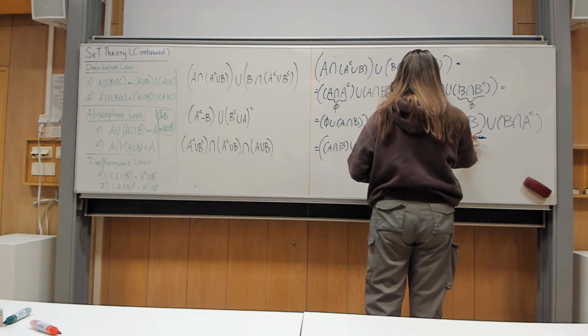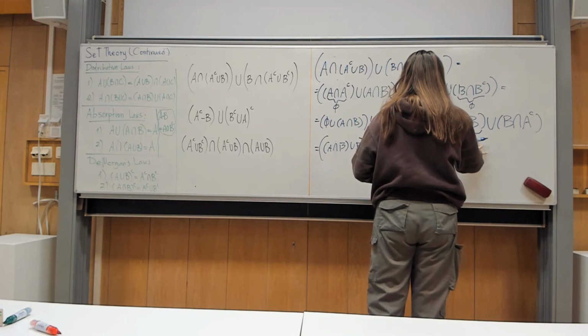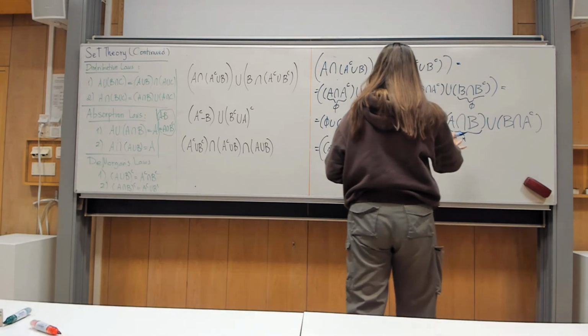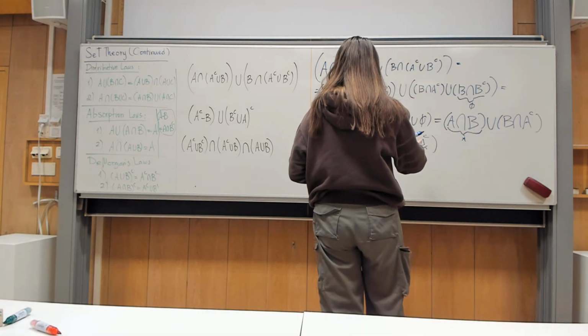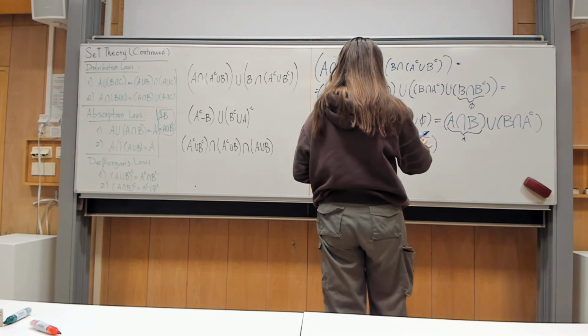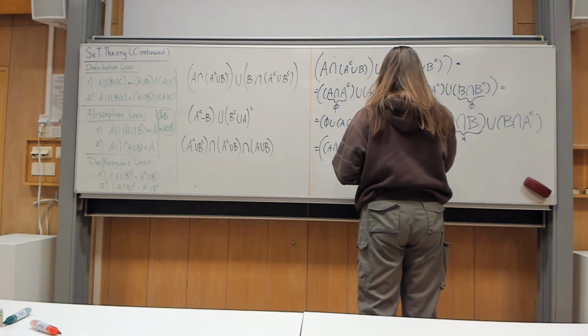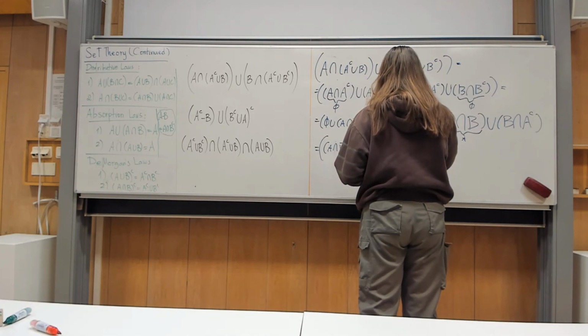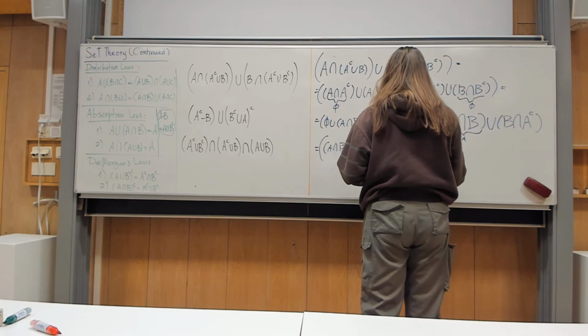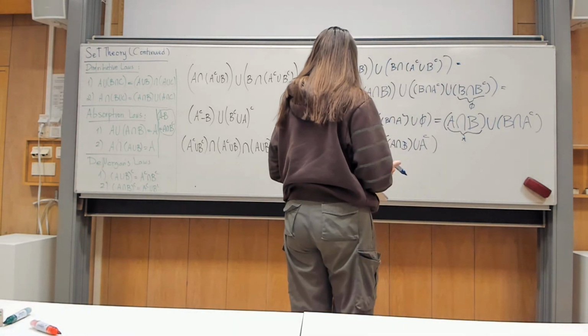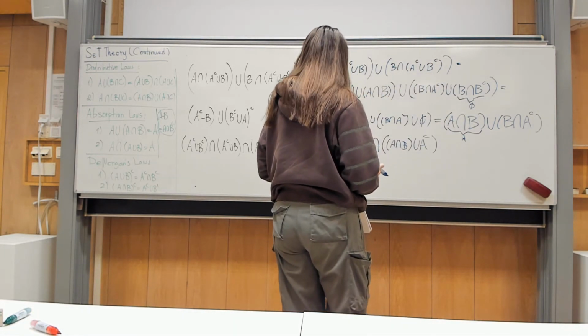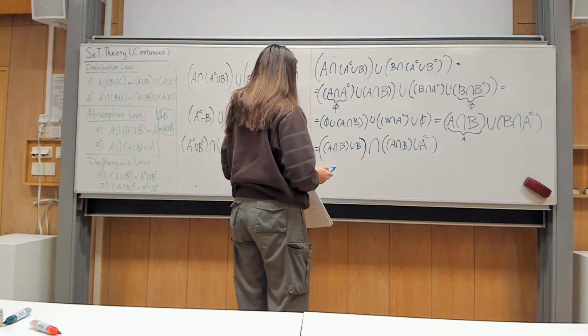Yes, so you distribute it, you wrote it correctly in the first one, and then you distribute it again. So this is intersection. Your solution is correct, but is that understandable now? Is that understandable for yourself?